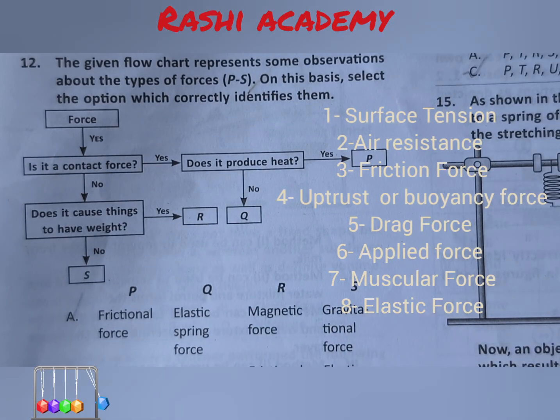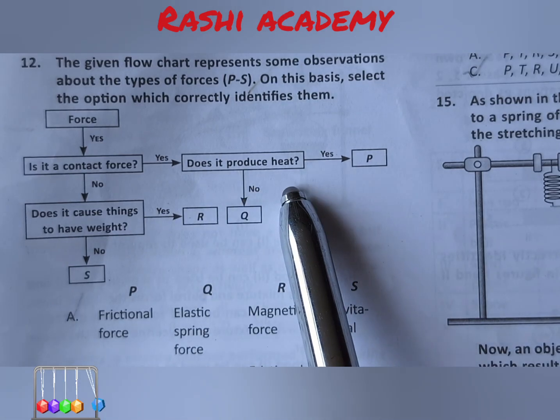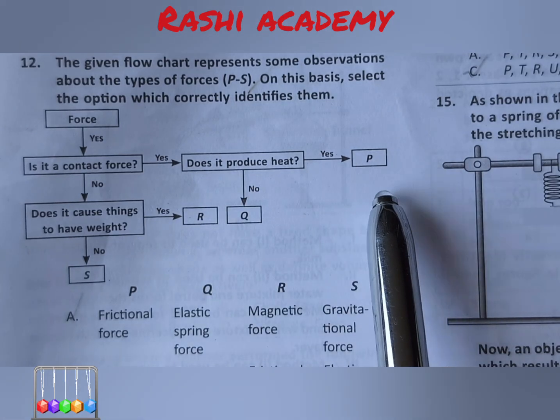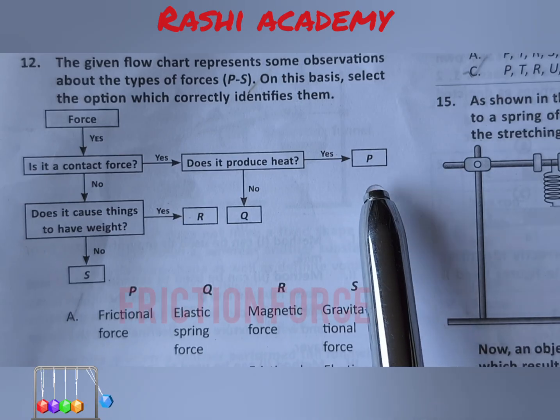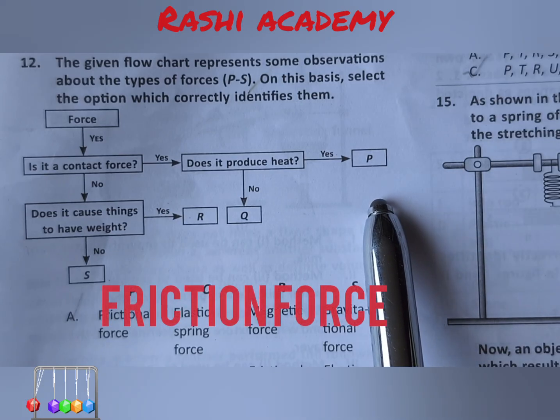Now I will give you names of the contact forces. Number 1, surface tension, air resistance, friction force, upthrust force, which we also call buoyancy force, drag force, applied force, normal force, muscular force, and elastic force. These are a few contact forces. Now, which force produces heat? That force is known as friction force.